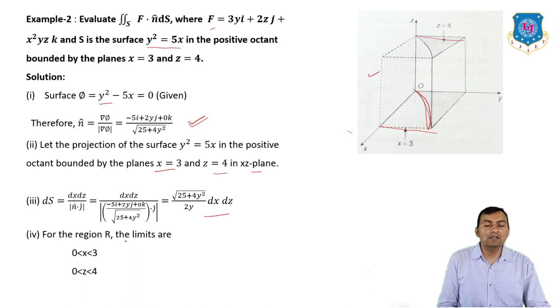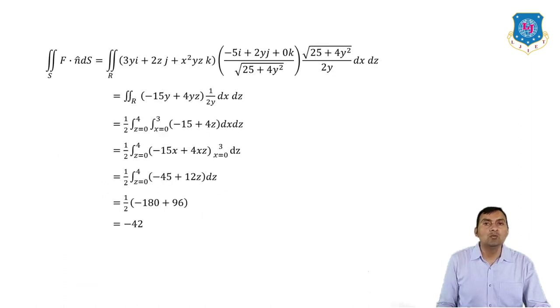Now whenever we take the projection on the xz plane, for that reason the limits for x are 0 to 3 and the limits for z are 0 to 4. Now let us see how to find this double integration. So F is given, n cap we have found, and dS is also there.